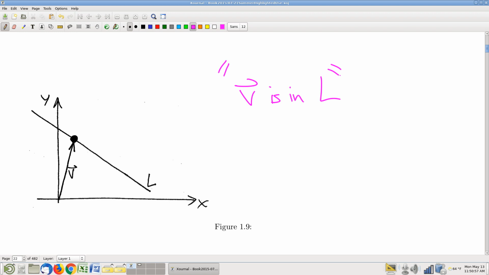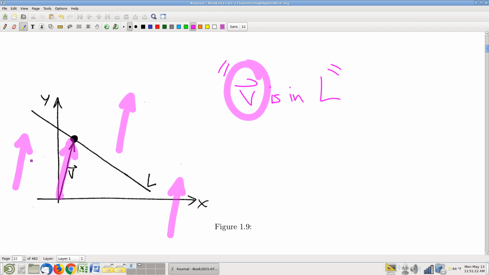And that's what this picture looks like. Okay, you can see here we've got our vector V. I drew it differently, of course, but there's our vector V. This vector V is associated to a point. What point is it associated to? Well, find the arrow with its tail at the origin.